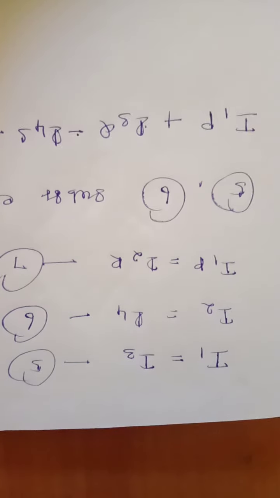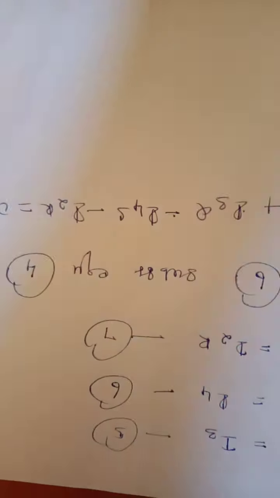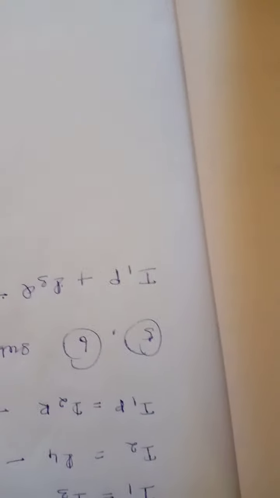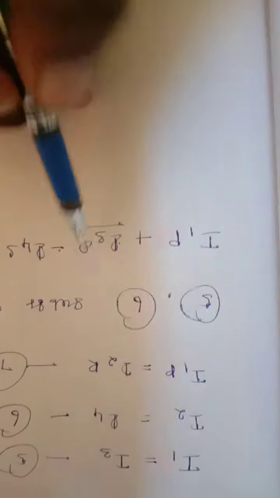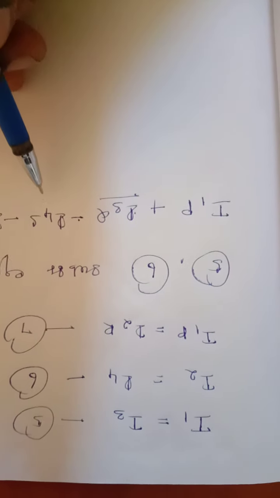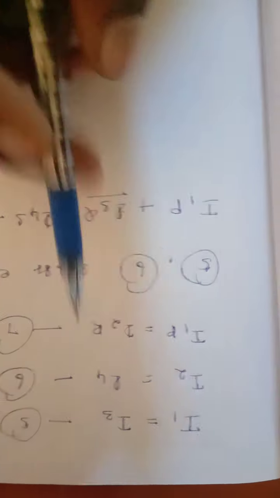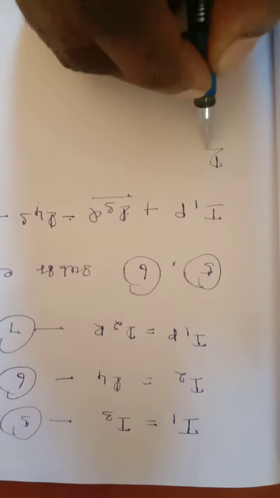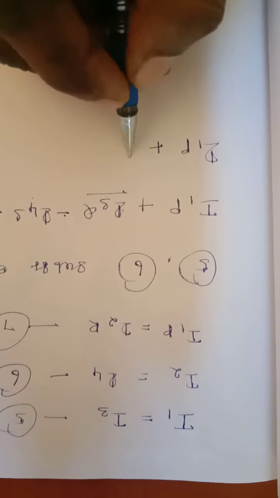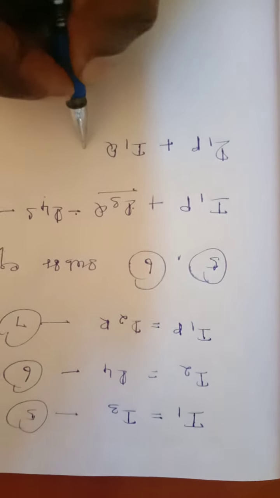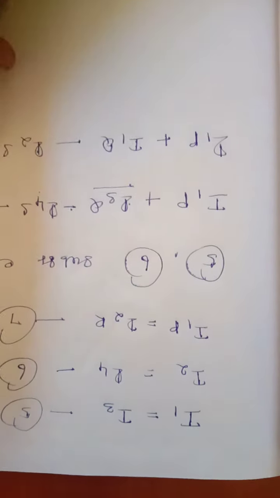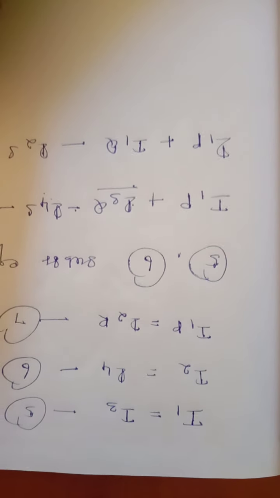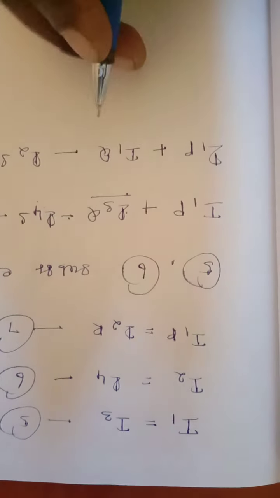This is the fourth equation. Applying the values, I3 is equal to I1 and I4 is equal to I2, we get I1P plus I1Q minus I2S minus I2R is equal to 0.